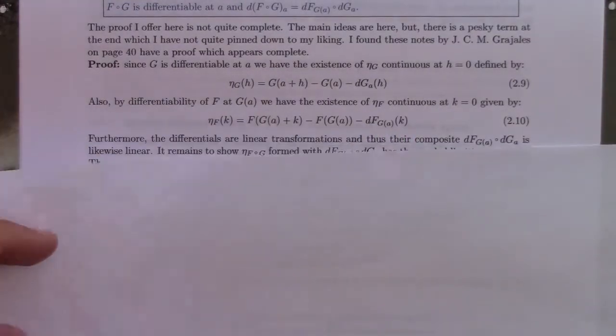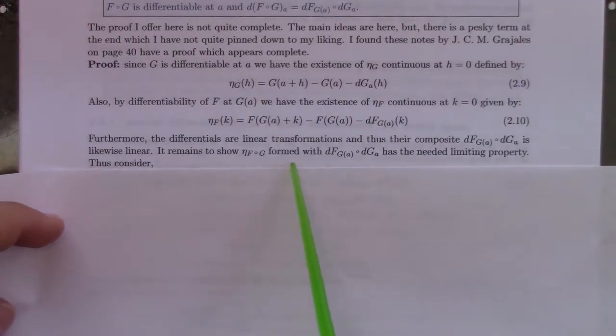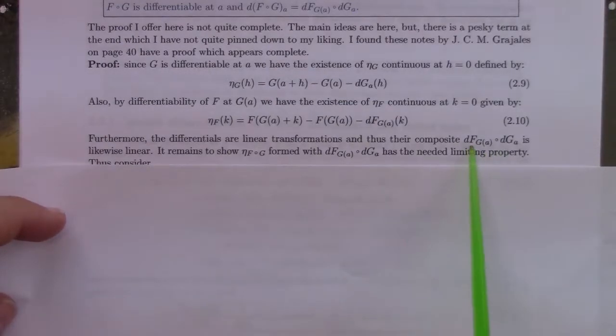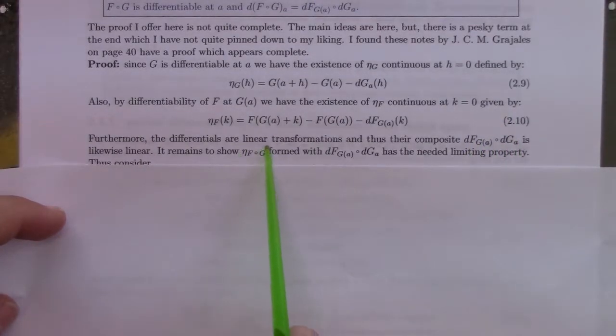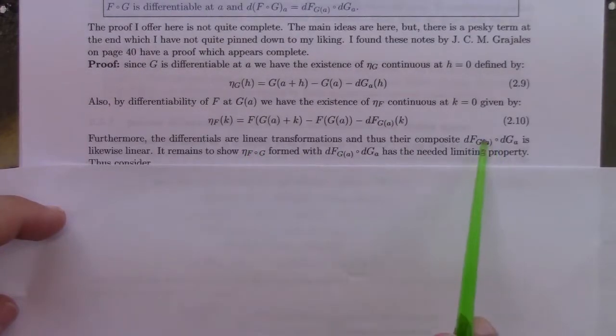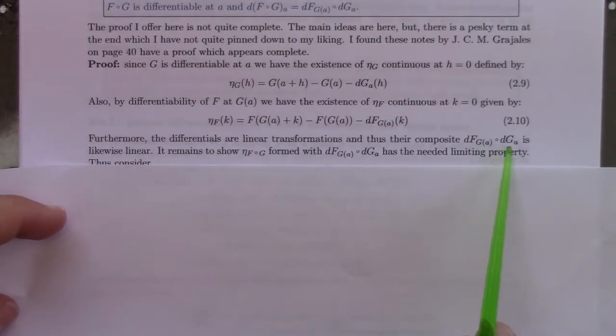And then these differentials are linear transformations, so the composite of df at g of a and dg_a is likewise linear because the composite of linear transformations is linear. Then it just remains to show that the eta of the composite, with this being the alleged differential, in fact satisfies the needed limiting property.